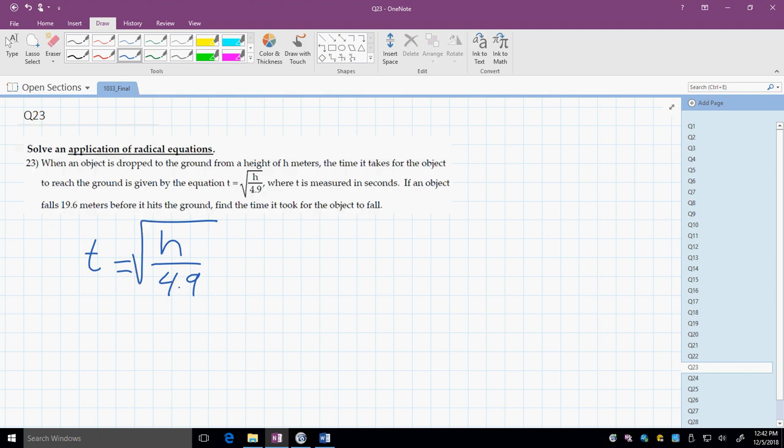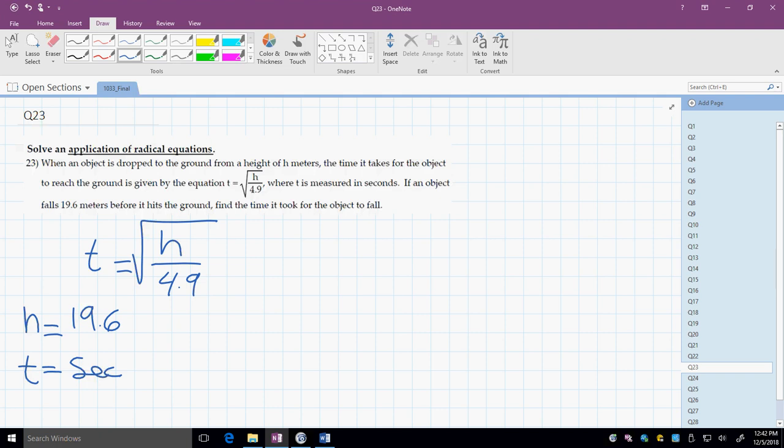If the object falls from a height of 19.6 meters, and the time is going to be in seconds, that's all the information that we have.